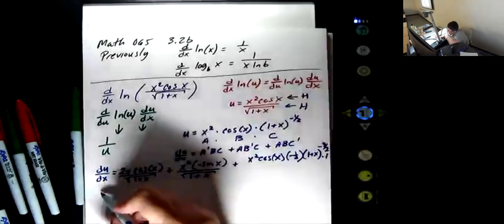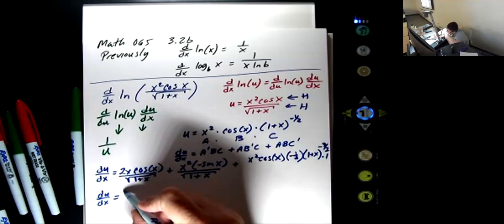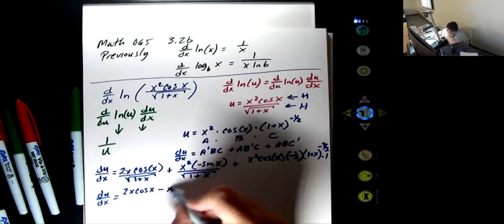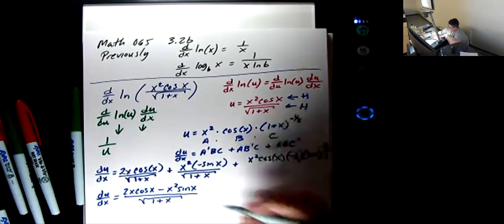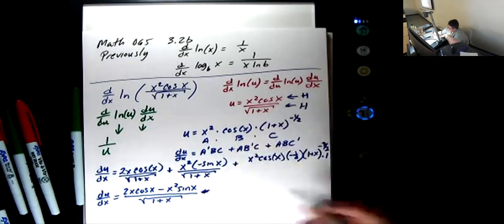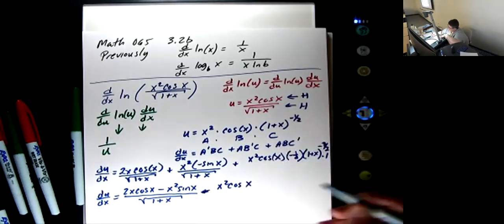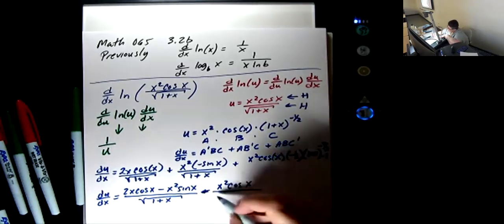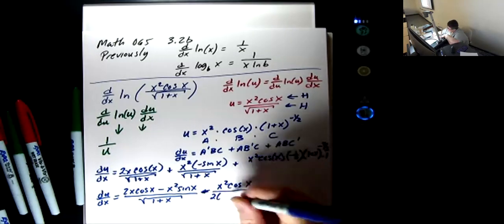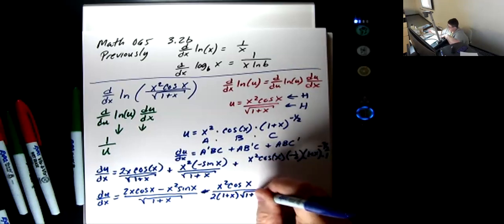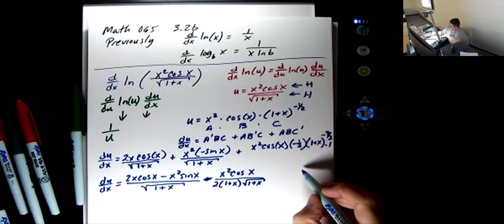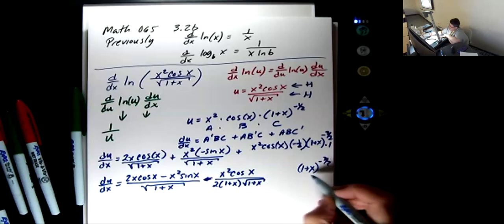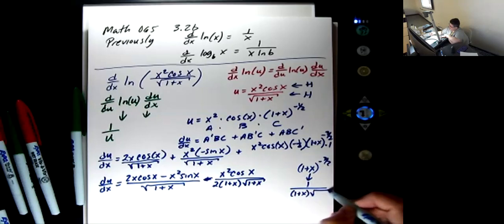So if I put this together, plus, well, minus, I have an x squared cosine x on top, and I have 2 over this to the 3/2. That to the 3/2 is 1 plus x times square root of 1 plus x. 1 plus x to the negative 3 halves is 1 over (1 plus x) times the square root of 1 plus x.